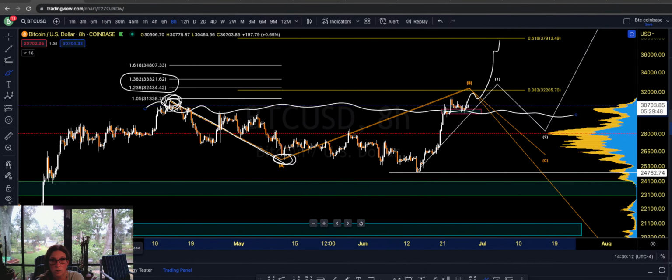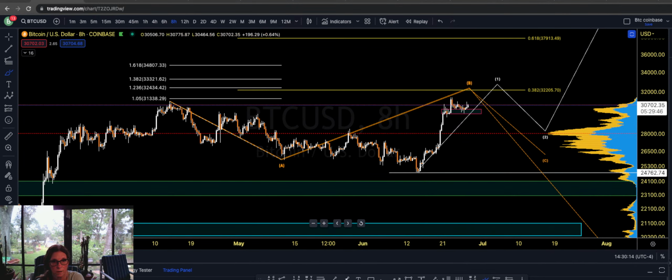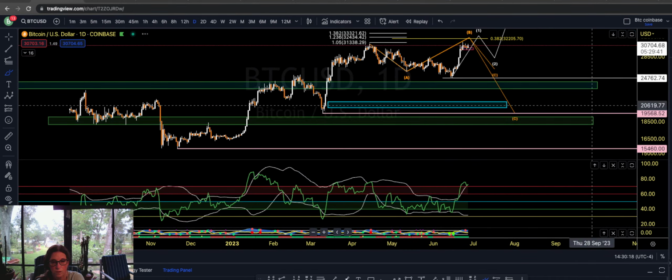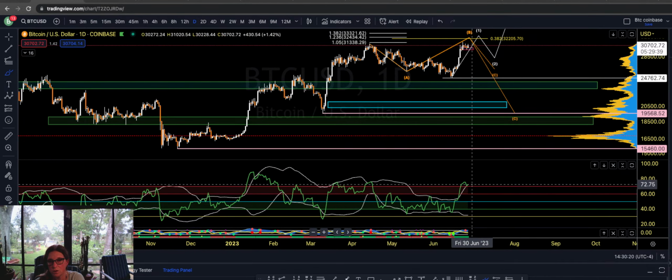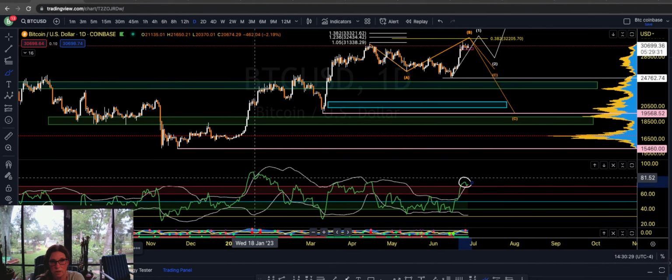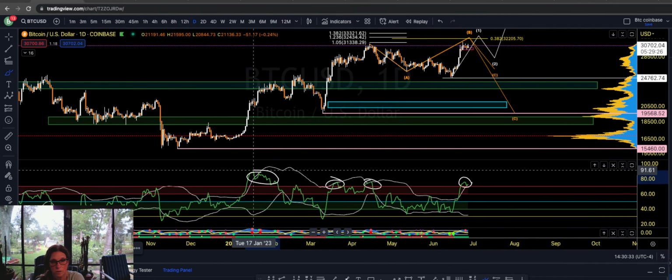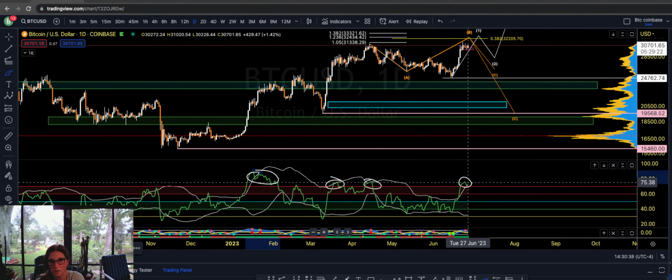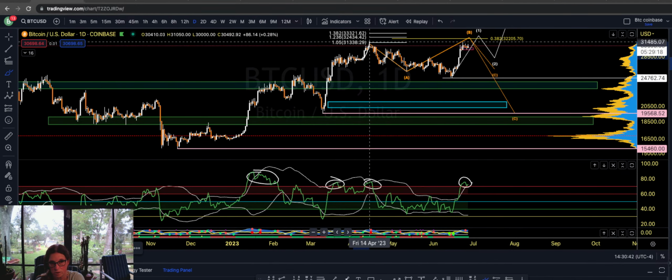All right. Let's talk about RSI real quick. Okay. Let's go to the daily time frame. Take a look at where our daily RSI is sitting. All the times before that it was sitting up this high, here, here, here. All it could really do from this high level of almost 80 is give us a +1.